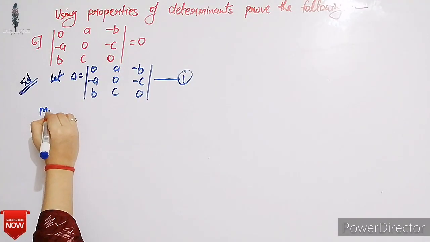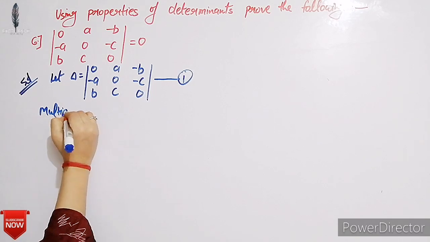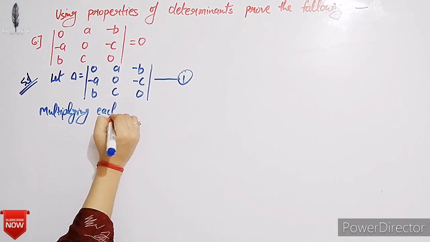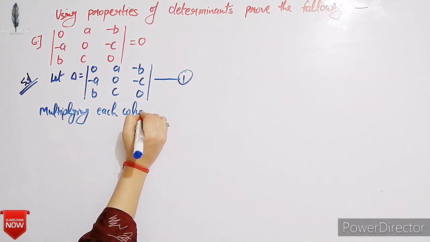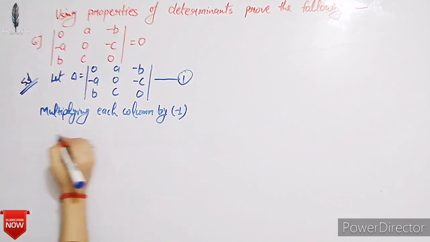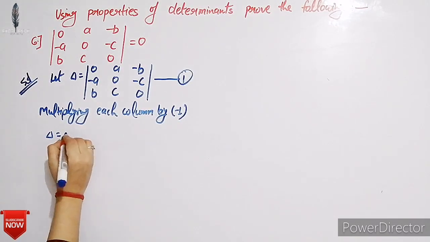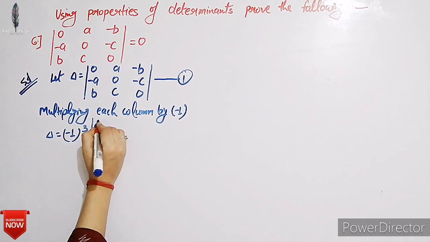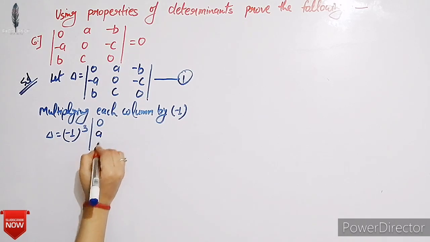Now multiplying each column by -1, we get delta equals to -1 cube, because we are multiplying each column.